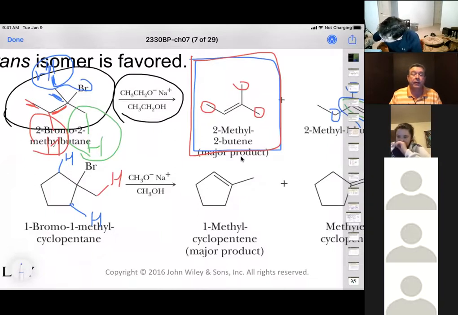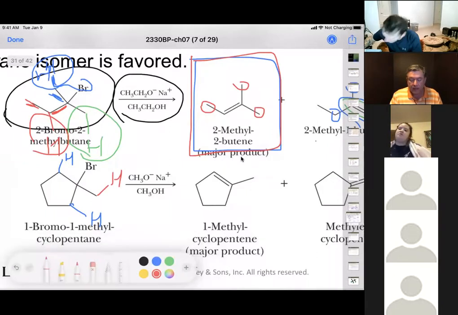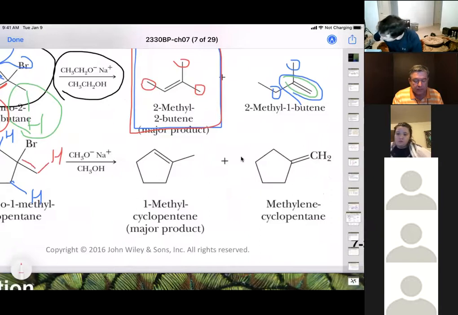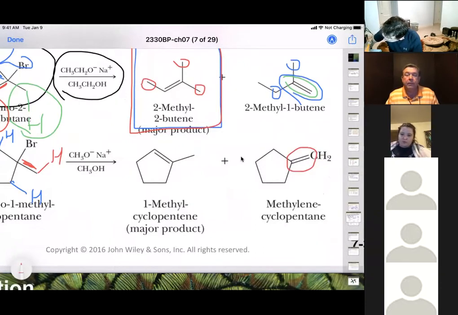And so those blue beta hydrogens are only going to give the same product. But this red beta hydrogen is going to give a different product. That's going to give us the double bond in between where the bromine came off and the hydrogen came off, giving us our double bond outside the ring, and it's only di-substituted.